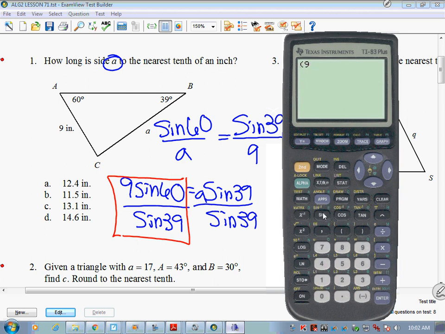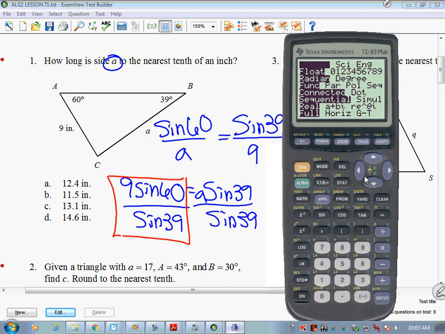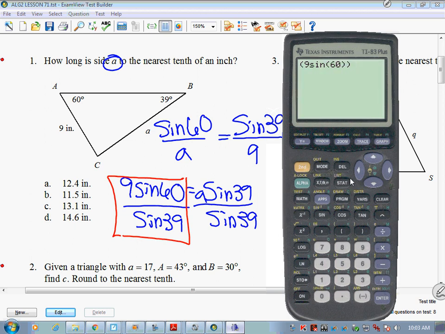9 sine 60. Should I have checked anything before I started? What should I check before I start? All right. Oh, my answer would have been wrong, right? Because I'm in radian mode. So let's go ahead and fix that. Okay.